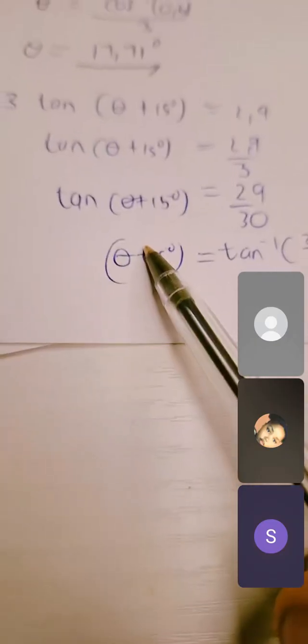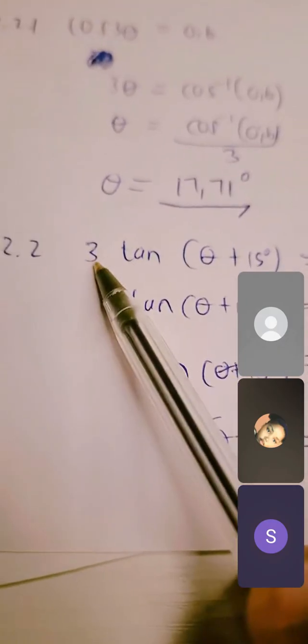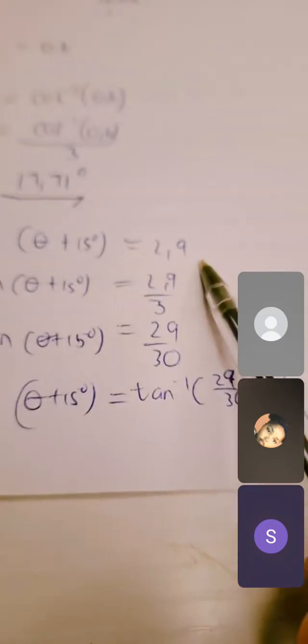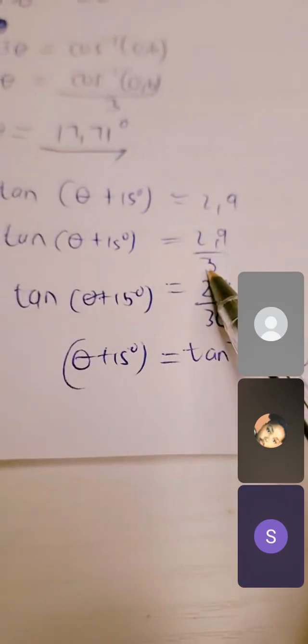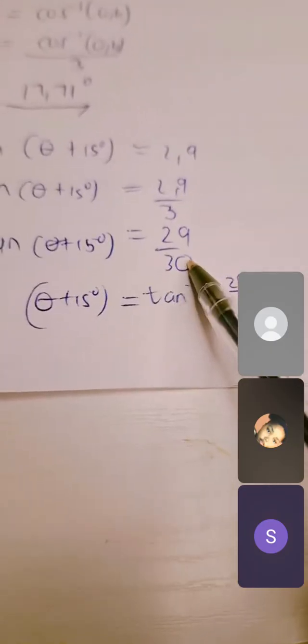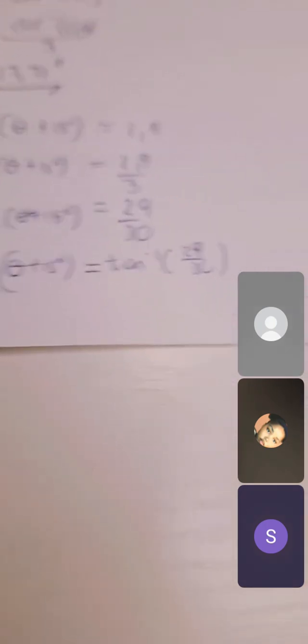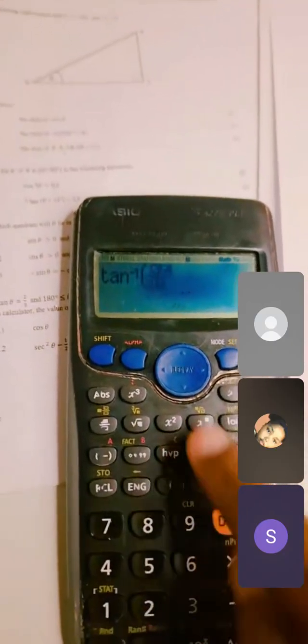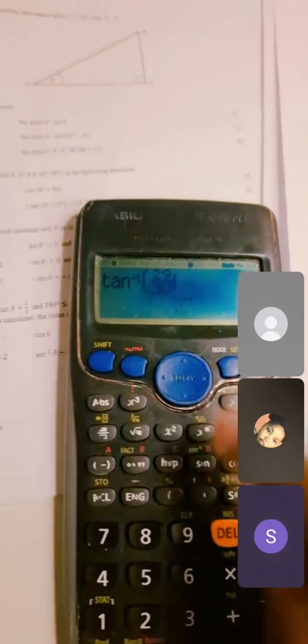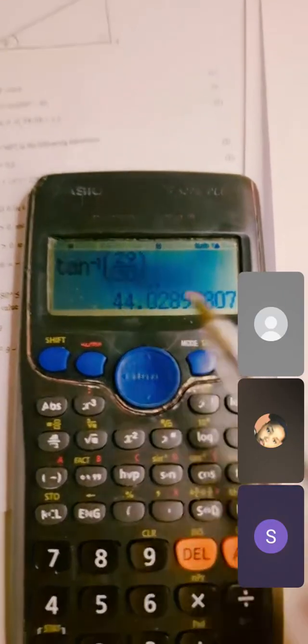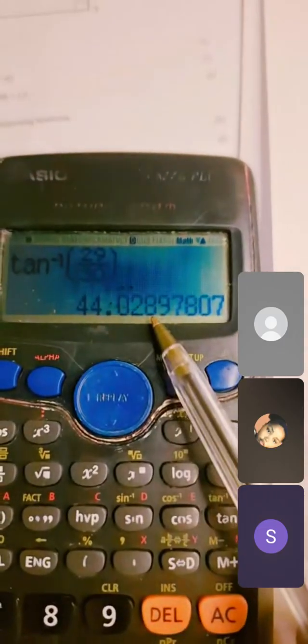So you isolate the trig ratio by first dividing by its coefficient. This is a numerical value, it's not an angle. Still a numerical value, not an angle. You take the arc of tan, now you convert this into an angle. So you say shift tan, then you put in brackets 29 over 30, and close the brackets. That value is an angle.